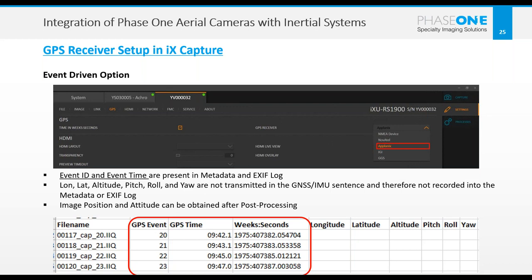So the numbers in here, 20, 21, 22, 23, will be recorded with the same number, and any post-processing will have position and attitude calculated in an accurate manner.